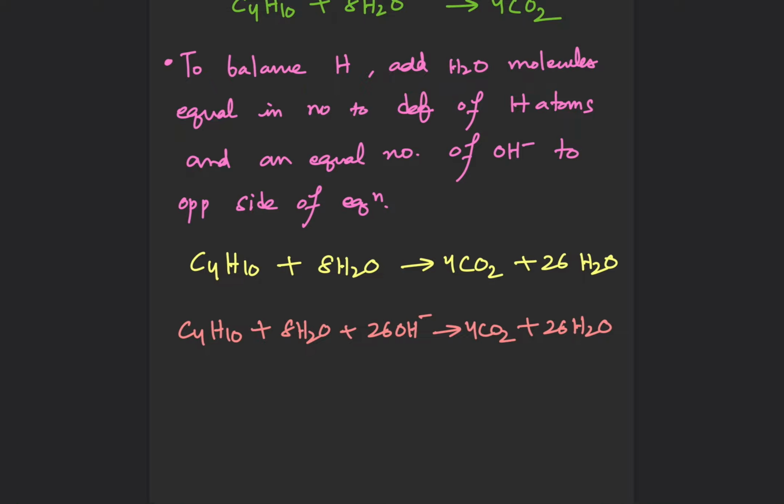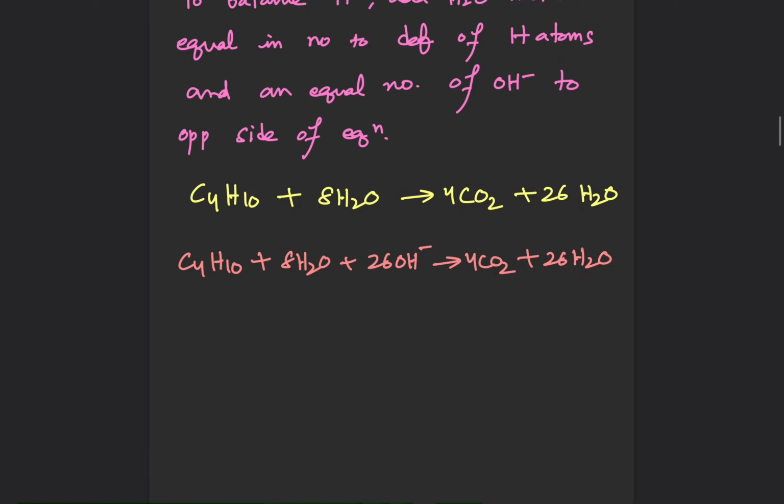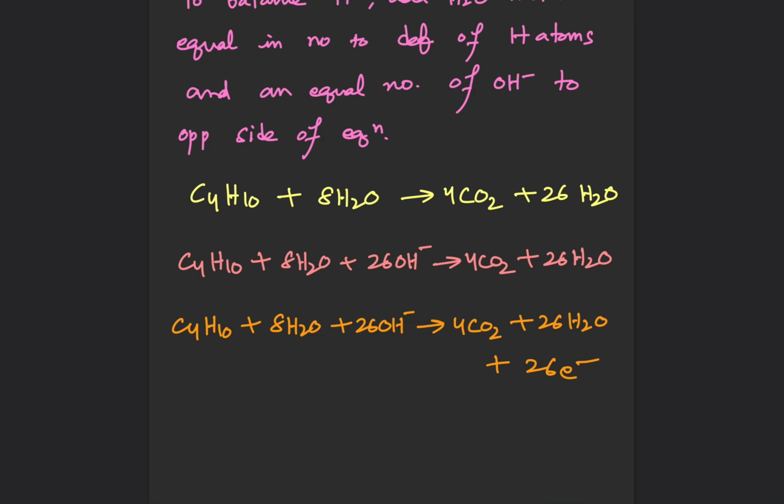Now, charge is not balanced in this equation because there is minus 26 unit charge in the LHS and 0 in the RHS. So I will add 26 electrons in the RHS. Therefore, the final balanced oxidation half is C4H10 plus 8H2O plus 26OH minus giving 4CO2 plus 26H2O plus 26 electrons.